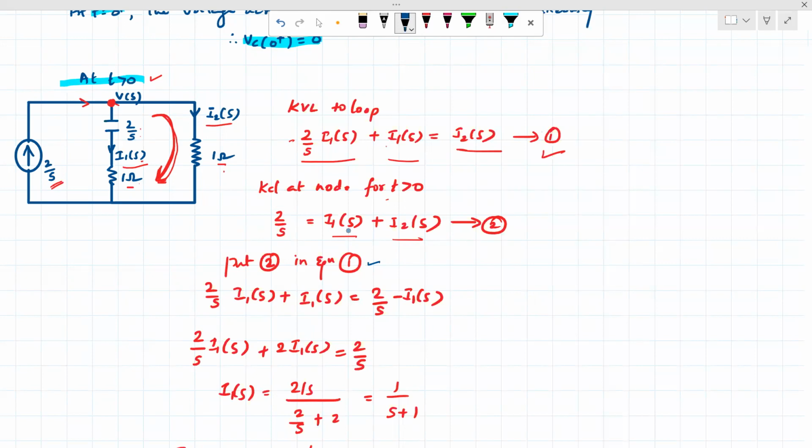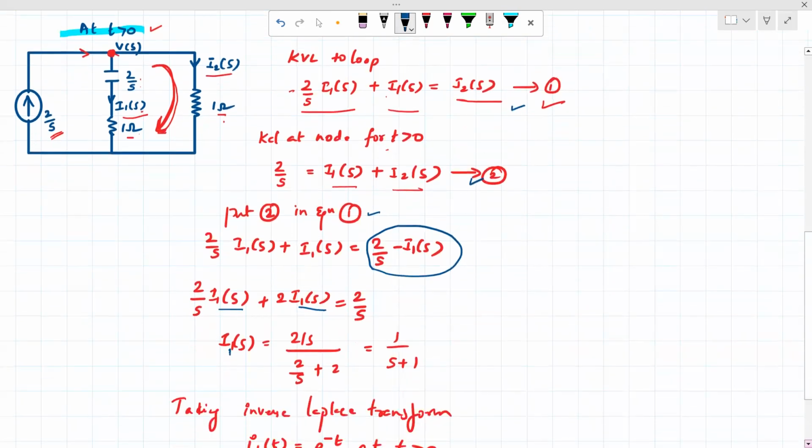I substitute the value of I2 of S from equation number 2, which is 2 divided by S minus I1 of S. From this equation only I1 of S is a variable, so I get I1 of S as 1 divided by S plus 1.